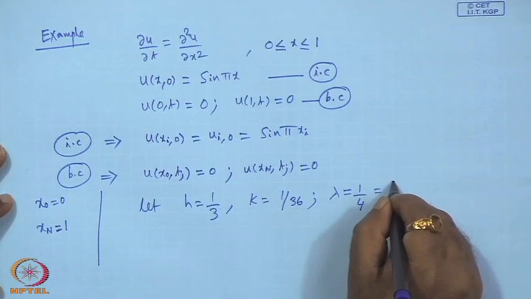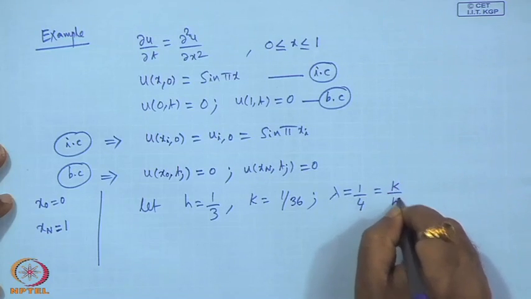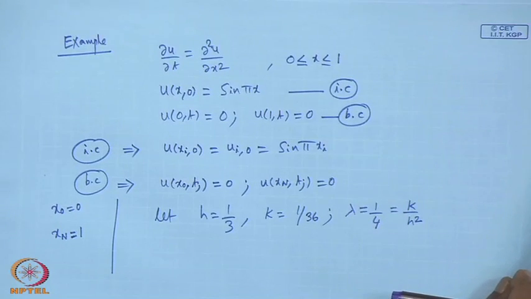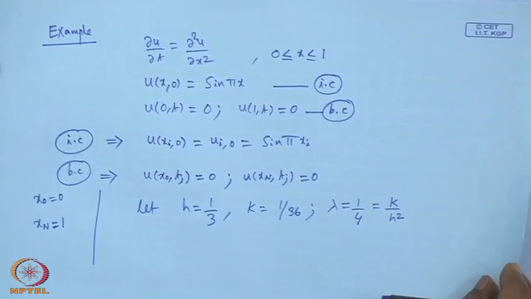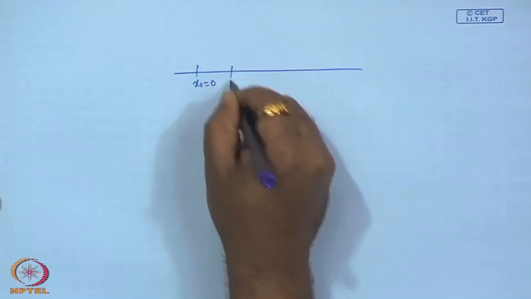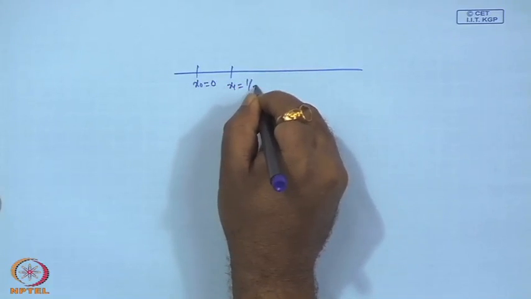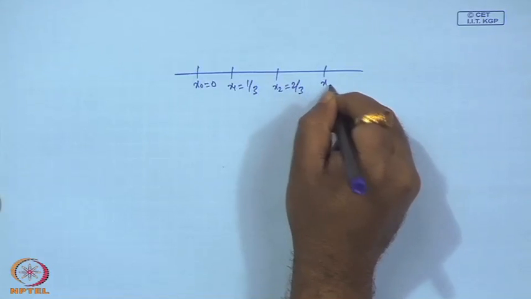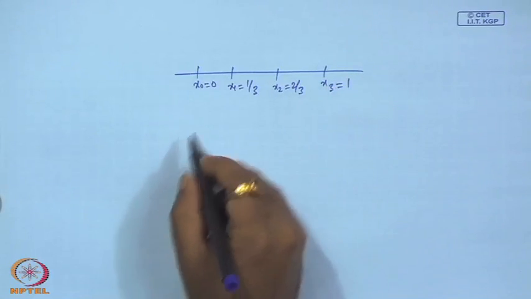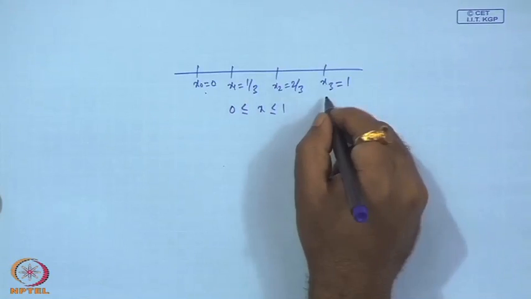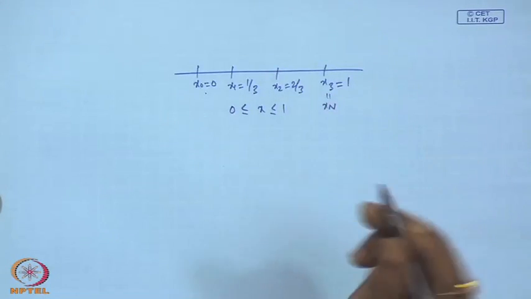This is k by h square, the grid parameter. Okay. So, accordingly x 0 is 0, x 1 is 1/3, x 2 is 2/3, x 3 is 1. So, since our domain is this, this is x 0 and this is x n.